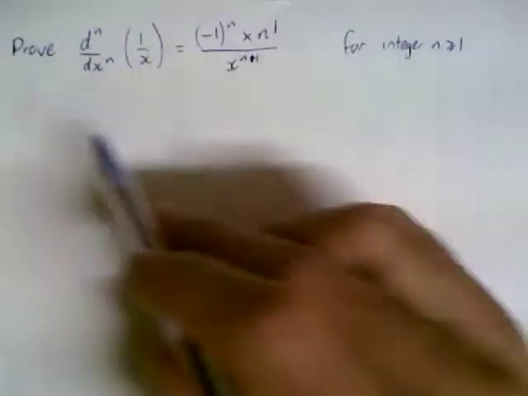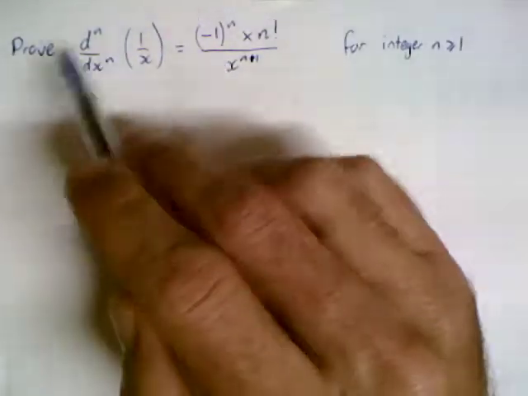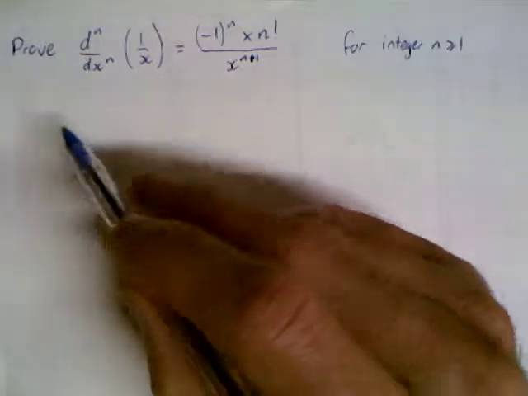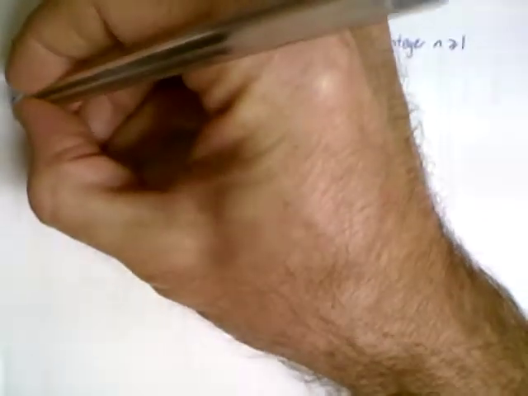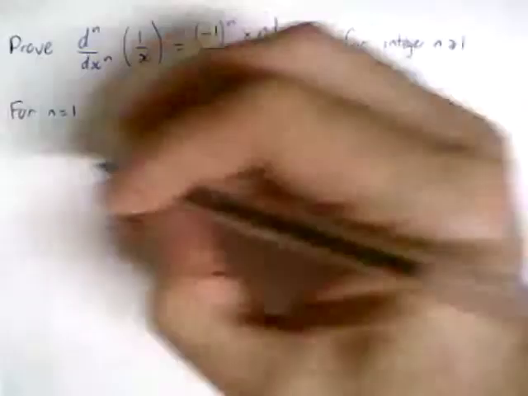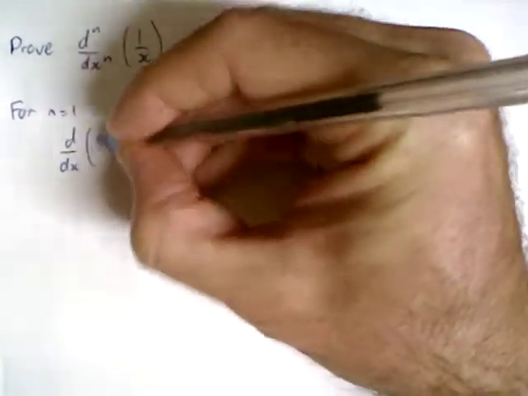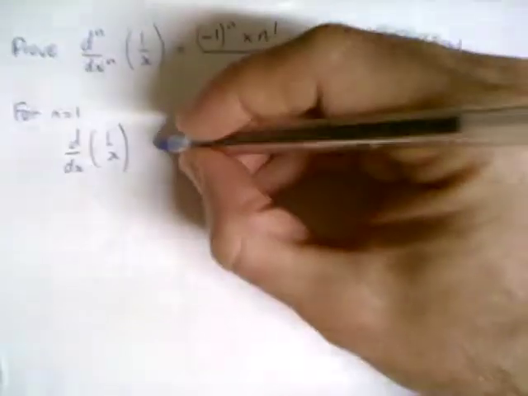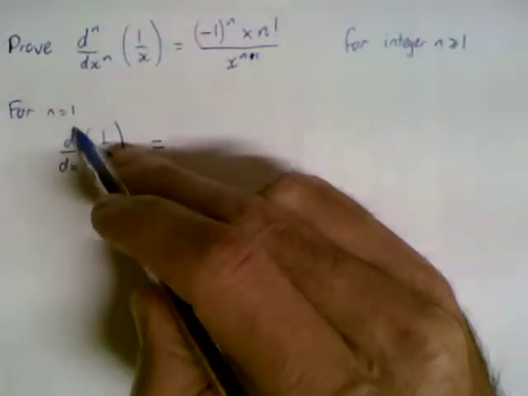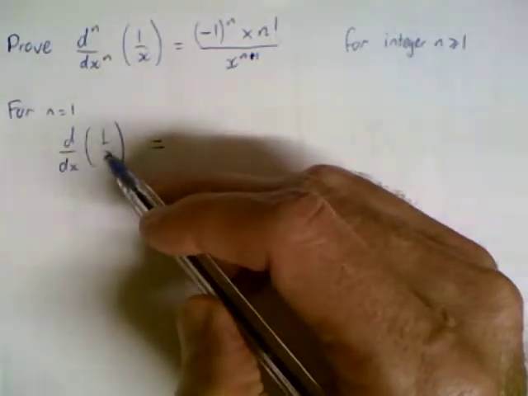Okay, so we're going to use proof by induction. So we'll go through our step-by-step process. It's a bit of an unusual looking one, but we still just keep to the process, which first of all is checking for n equals 1. So for n equals 1, really what we've got is d/dx of 1 over x, or the first derivative of 1 over x.